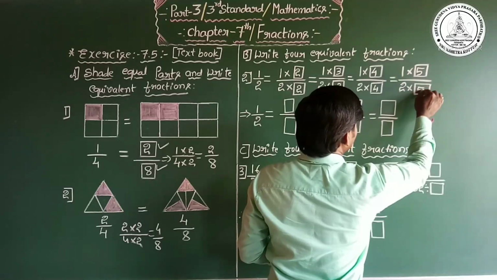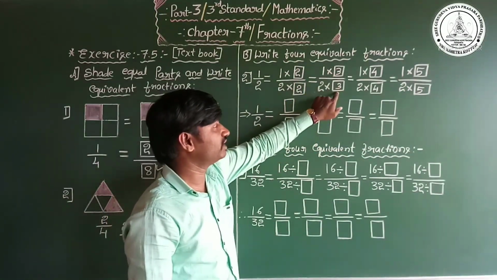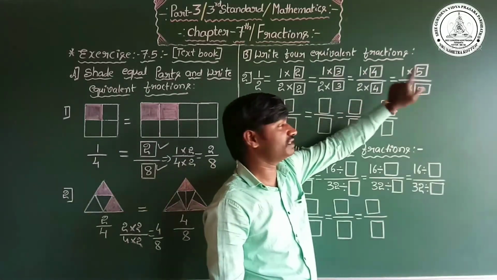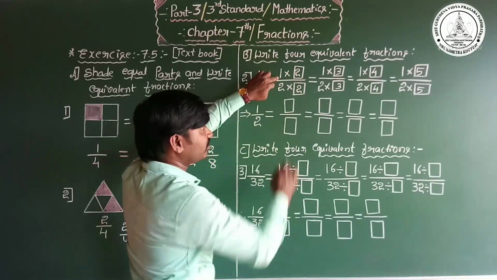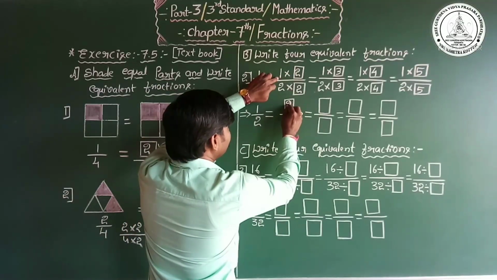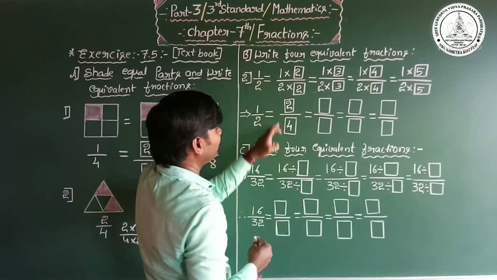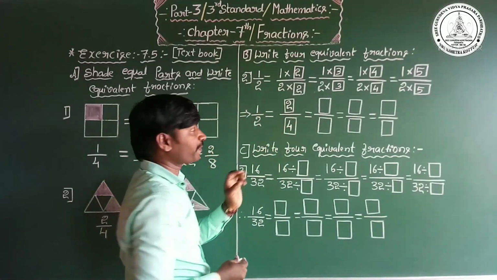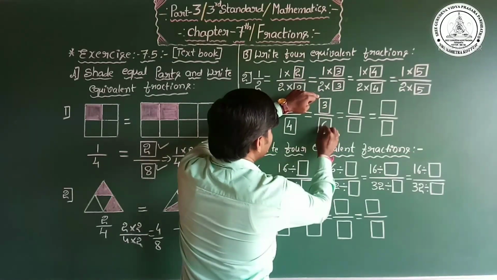This is easy. Yes, dear students. You take the numerator and denominator as the same digits. Now you multiply. 1 times 2 is how much, dear students? 1 times 2 is 2. You write here 2. The next, 2 times 2 is 4. This is one of the equivalent fractions of 1 by 2. The next, 1 times 3 is 3, 2 times 3 is 6.